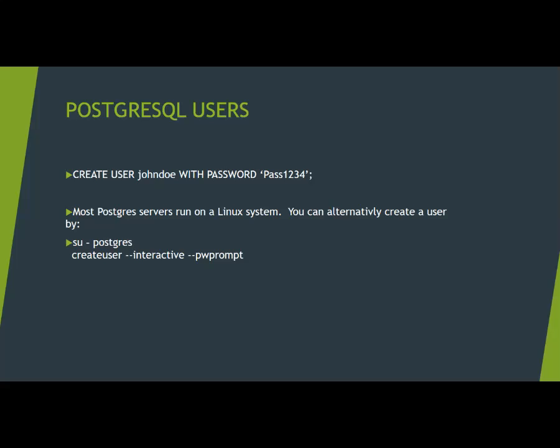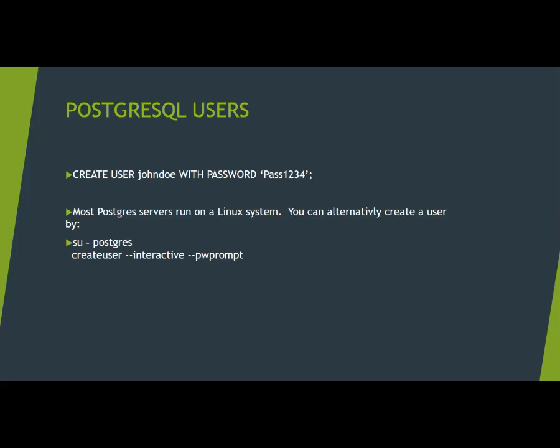So Postgres, you can, on a Linux machine, switch over to the Postgres user and issue a create user command. The Postgres is installed onto a Linux machine and with the following, like interactive and password prompt, it'll just go through a script and ask you how to create a user account inside the running Postgres server.